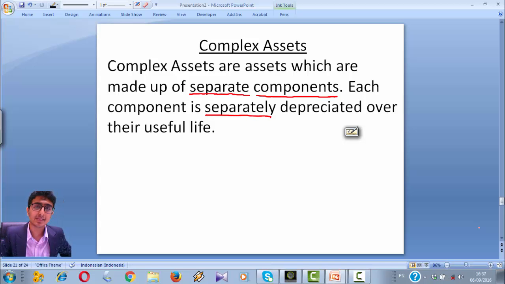Those components will of course have different useful lives and different values. This is very common in the airplane industry. Why? Because in an aircraft you have many different components, and each component has separate values and separate useful life. To illustrate this, we will do an example.